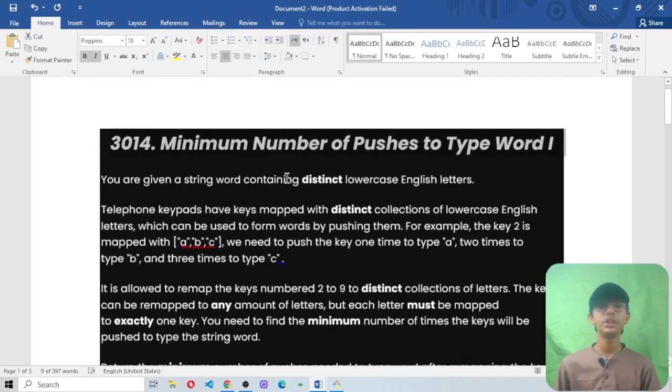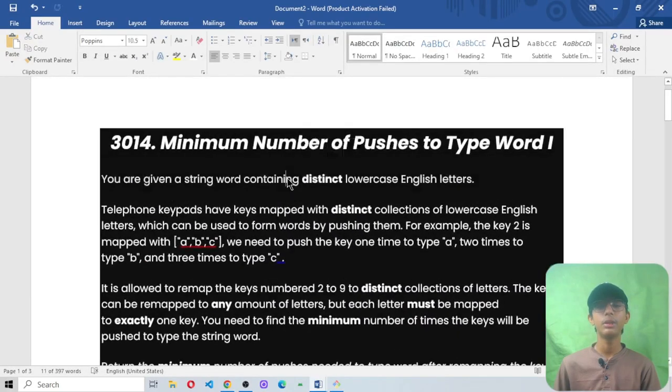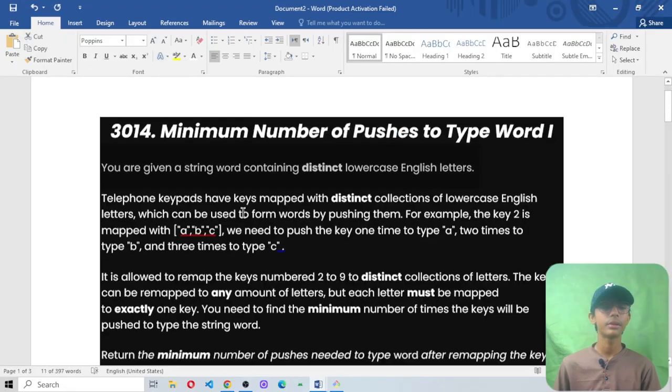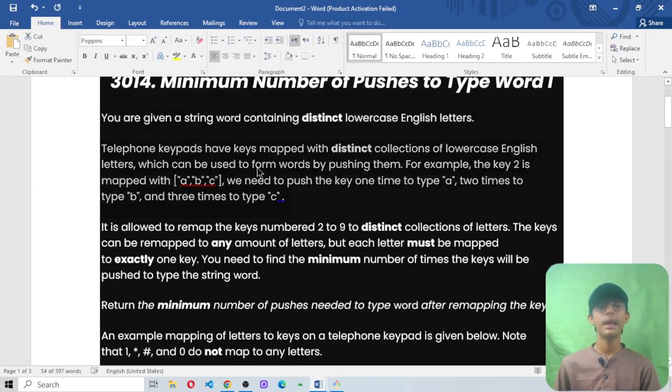It is giving me a string word containing distinct lowercase English letters. Telephone keypads have keys mapped with distinct collections of lowercase English letters, which can be used to form words by pushing them.